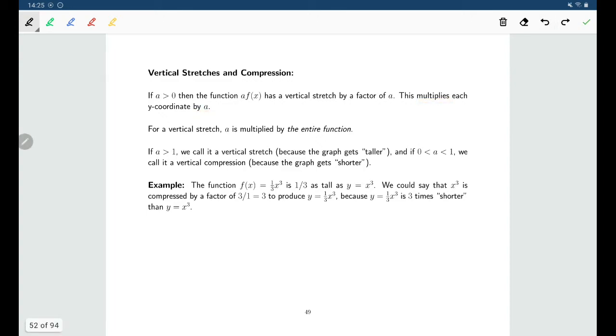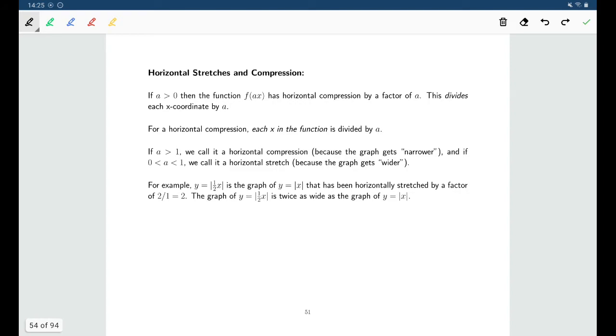So in horizontal stretching, instead of multiplying every x by a, you'll be dividing every x-coordinate by a. That means if you have a large value for a, and you're dividing every x by that larger value, you're going to be making your x value smaller. That's going to then compress your graph in.